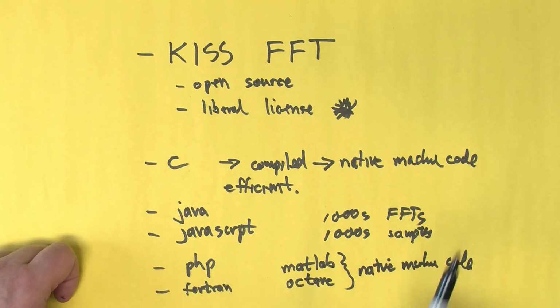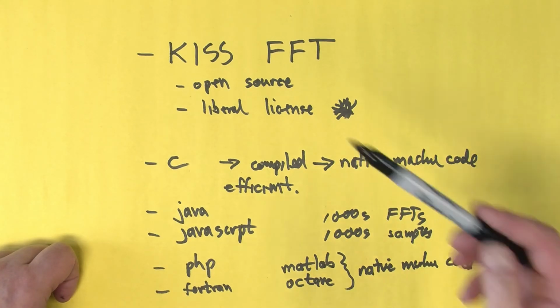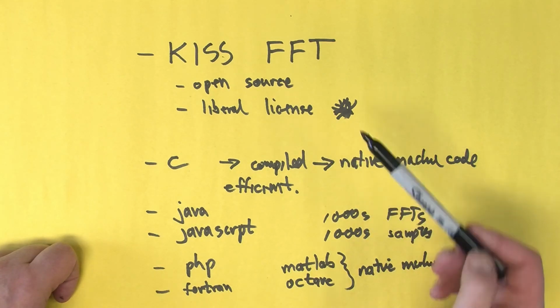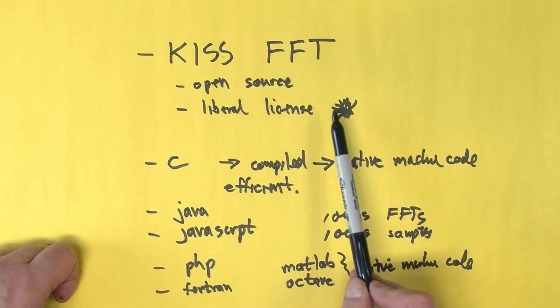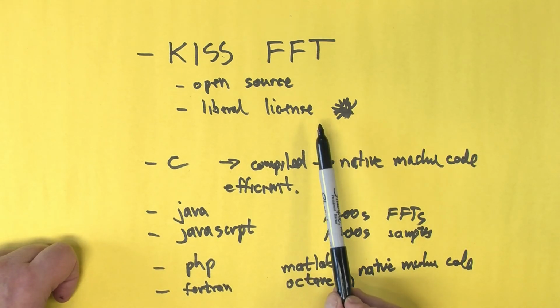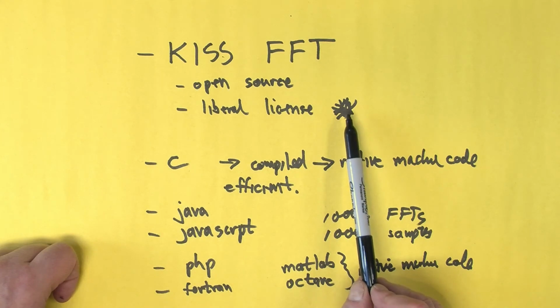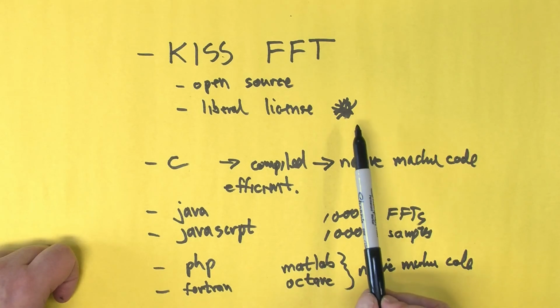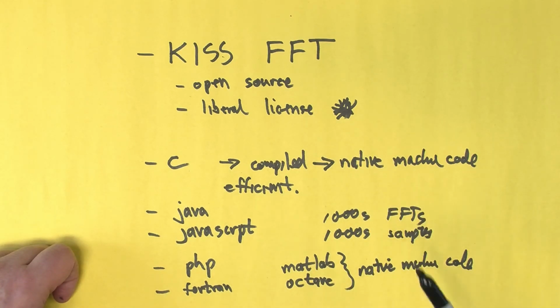So the bottom line is, I highly recommend KISS FFT. I've used it. There are other FFTs out there. They're all quite similar in one way or the other, some slightly better, some slightly worse. Whenever you're using a software library, consider what the license terms of that library are, and in particular whether it would require you to open source your code, which you may not wish to do depending on the application.